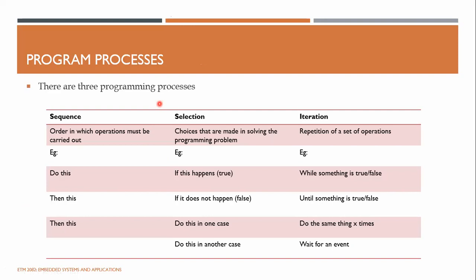Okay, so if you take a look at a computer program, there are three basic programming processes. They can be identified as sequence, selection, and iteration. Sequence is the order in which operations must be carried out. For example, do this first and then do the other one and the other one, likewise.